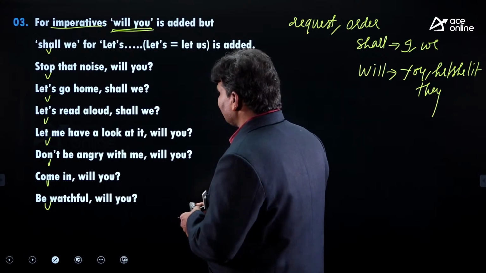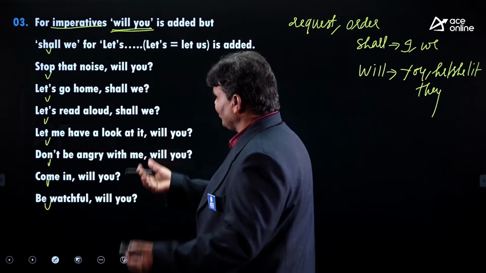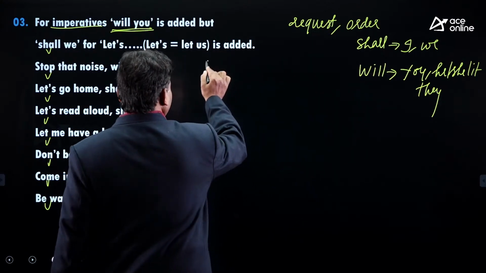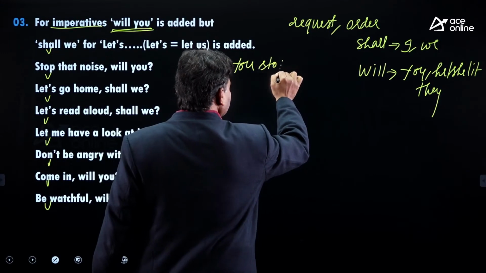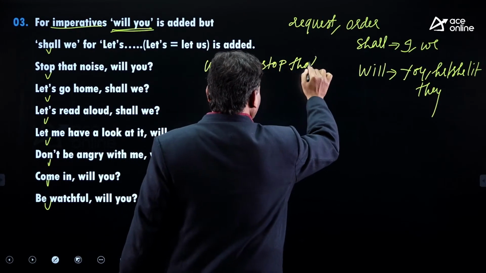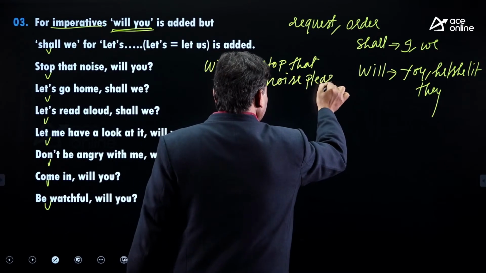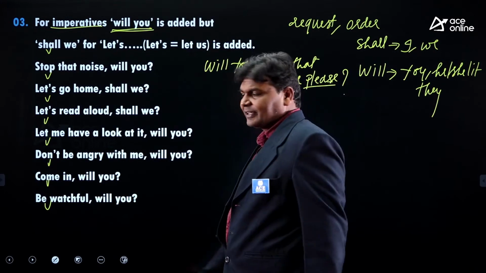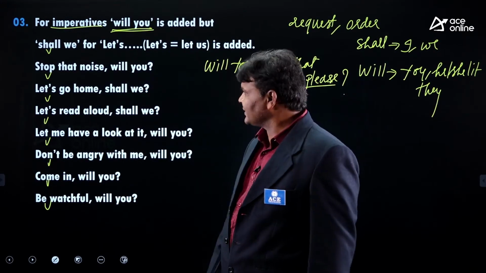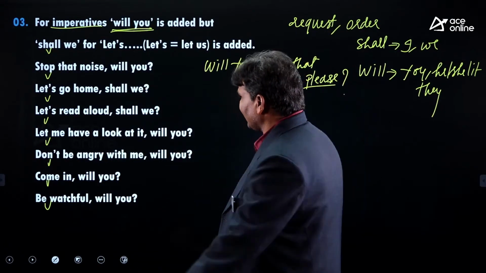So, stop that noise, will you? Actually, if you want to make that question, how will you make it? Will you stop that noise? Please. This is exactly the question. So please is understood there. Stop that noise, please, which means will you stop that noise?